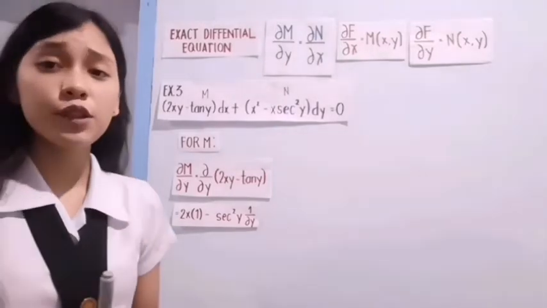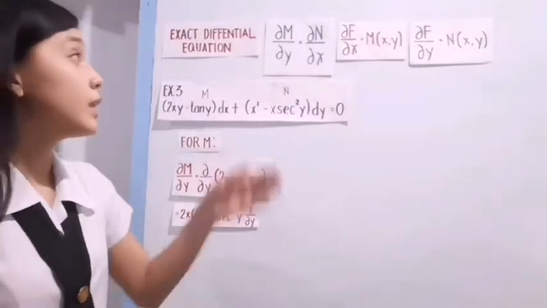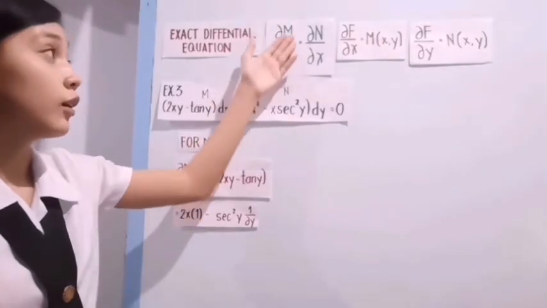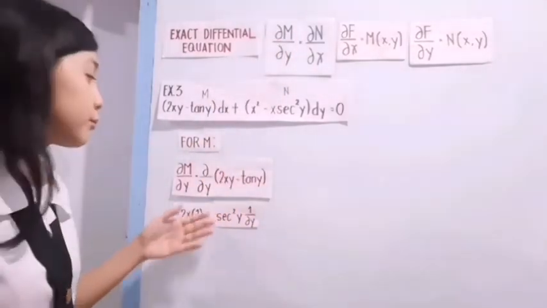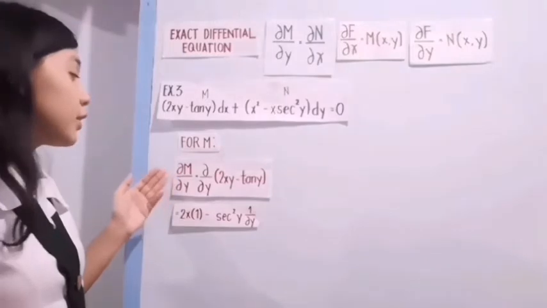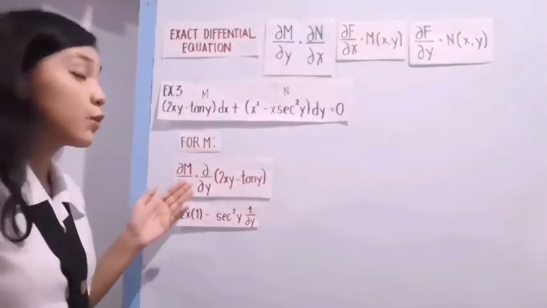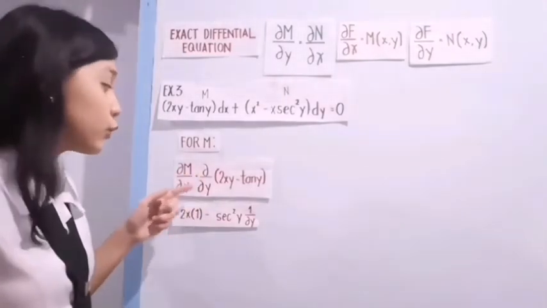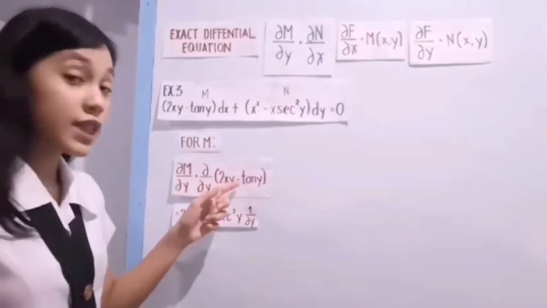Now, to solve for the value of M, we will use this formula and differentiate it. So, the partial derivative of M with respect to y is equal to the partial derivative with respect to y of 2xy minus tangent y.